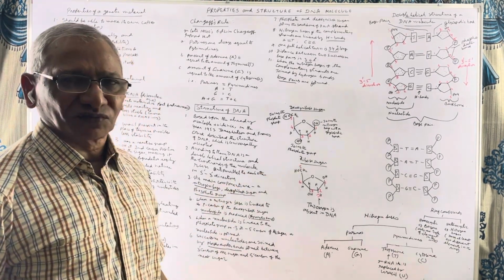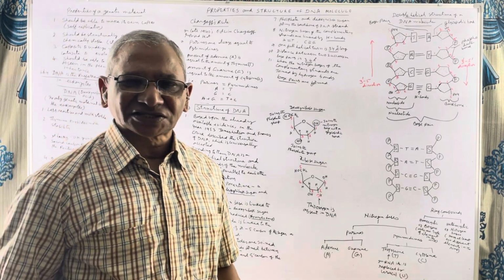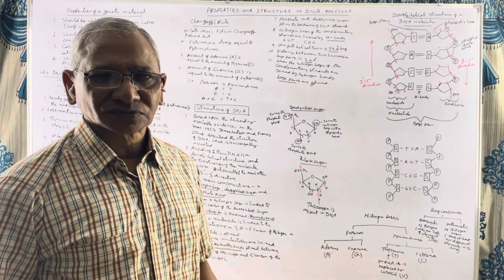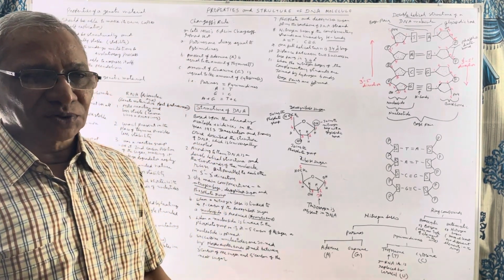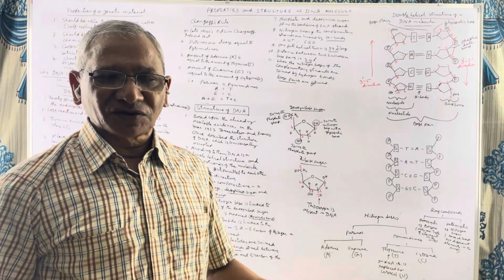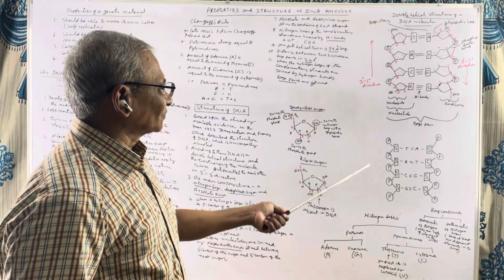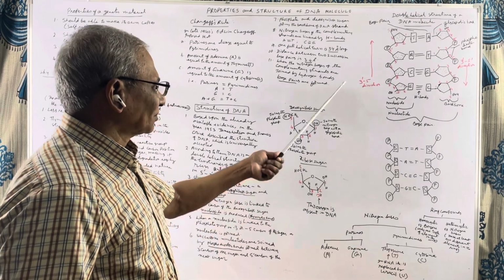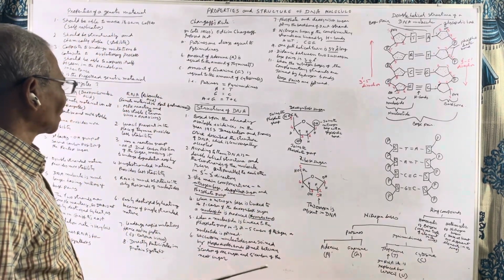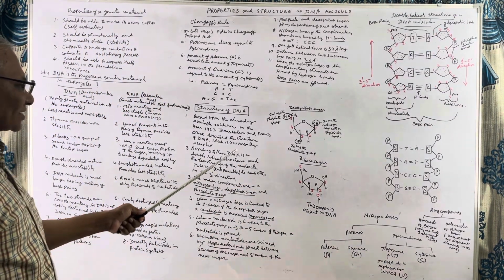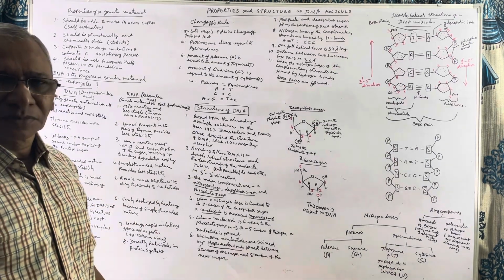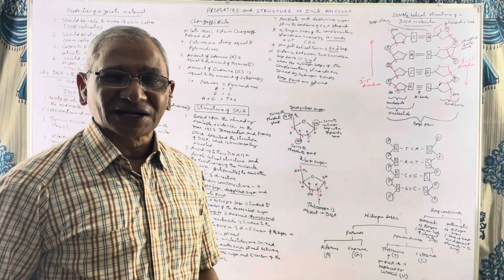Without knowing the structure of DNA, these sciences would not have evolved. Now we have reached a level of creating a new life by using the structure of the DNA and its properties. Now, what is the structure of DNA proposed by Watson and Crick?